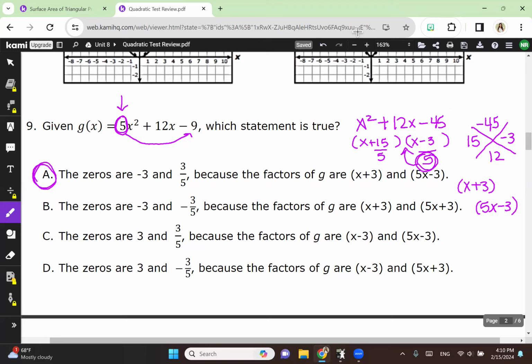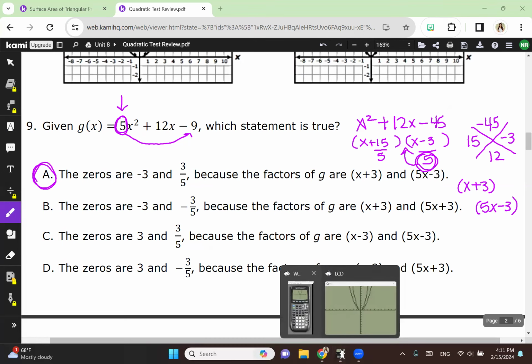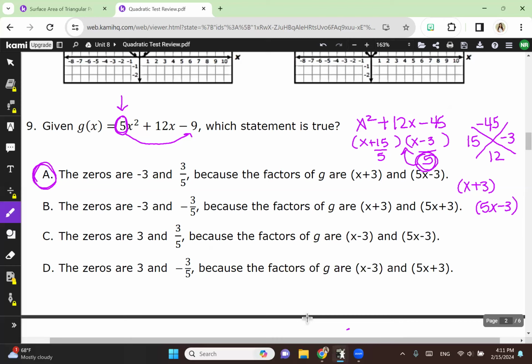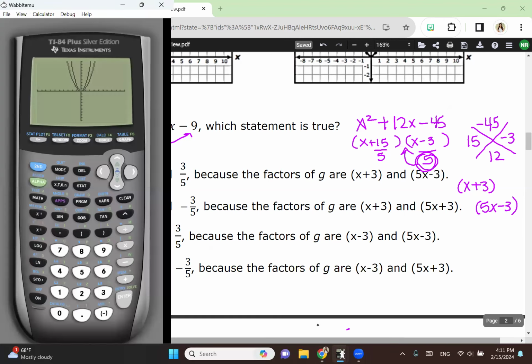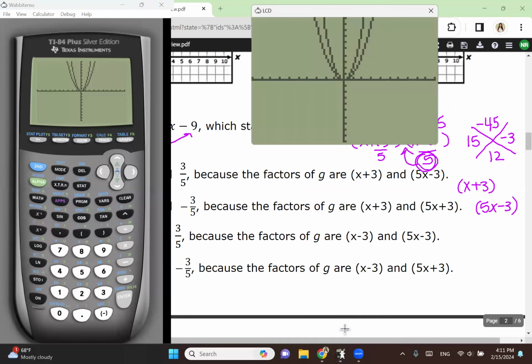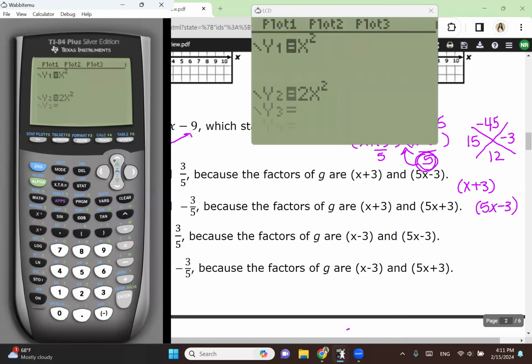Other than that, you could take this equation, 5x squared plus 12x minus 9, and put that into your calculator and calculate for the zeros, which is something that we learned how to do, and you should have the paper with all the steps with you. And let me clear this out.